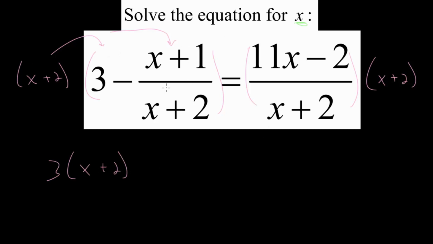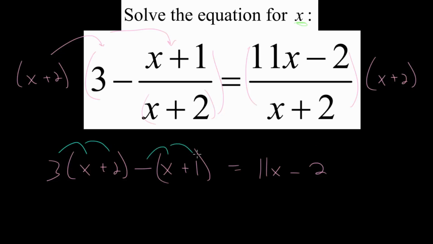But when it distributes to this term, the x plus 2 in the denominator and the numerator will cancel, so that we just get back the numerator here. We get minus x plus 1, but we have to be careful since we are subtracting this entire quantity, so we need to put it in parentheses. Now on the right hand side, the x plus 2's cancel, and we just get back the numerator, which is 11x minus 2.